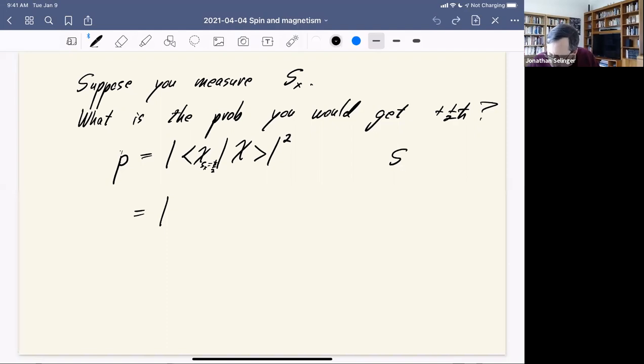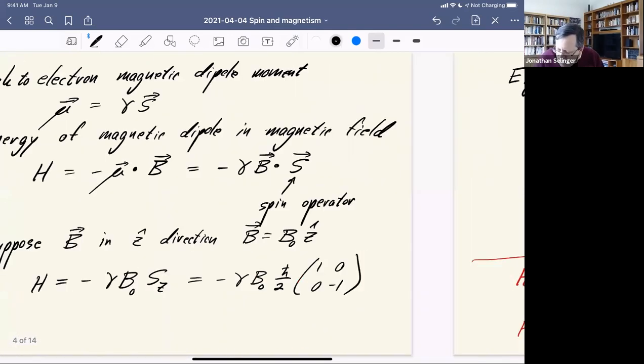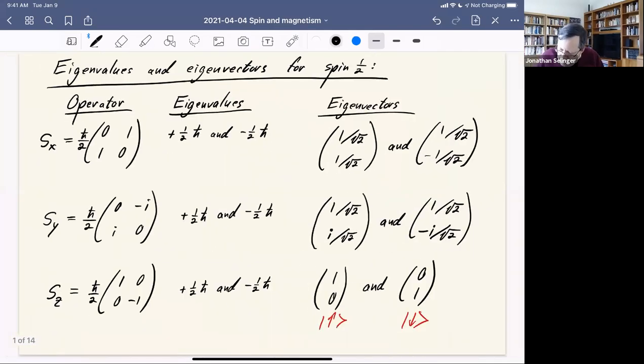how do I write that? The state with Sx equals h bar over 2, this is the thing that I showed you way back at the beginning of the class. Okay, this is this thing right here.